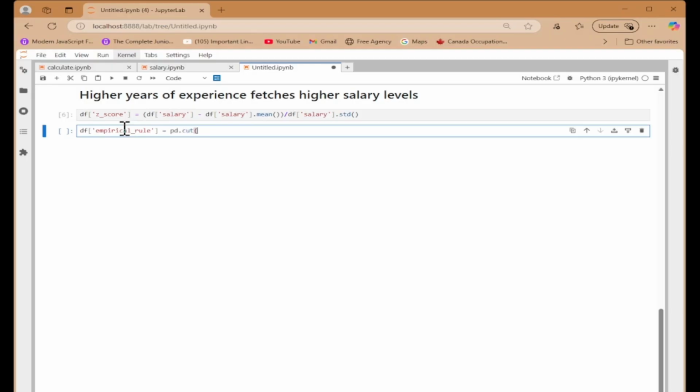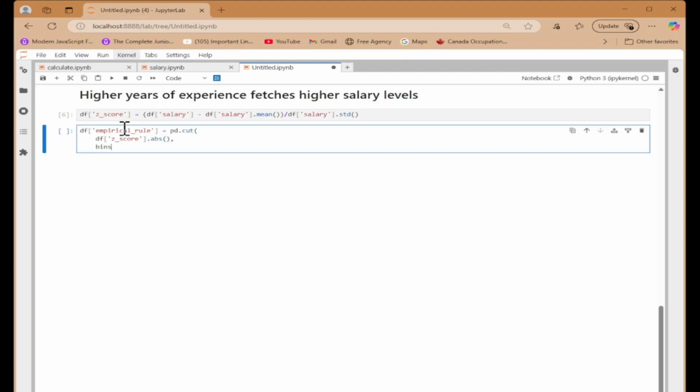That gives you the boundary of classes. Within this boundary we're going to get df z-score dot abs. We need the absolute value, not dealing with signs for the z-score.